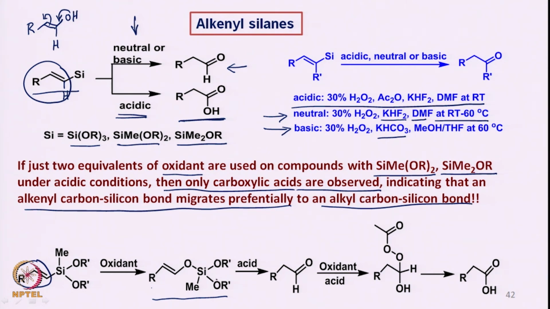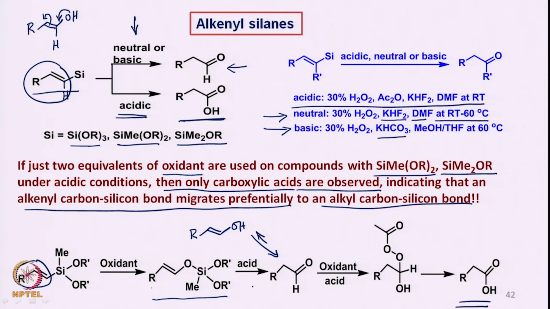When the acid is used here, the hydrolysis will give the aldehyde in the same way as earlier, and that forms the corresponding aldehyde, which again reacts with the oxidant, like peracetic acid or hydrogen peroxide, and one gets oxidation to the corresponding acid.